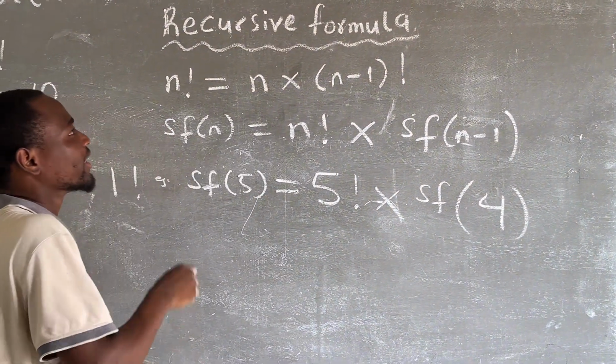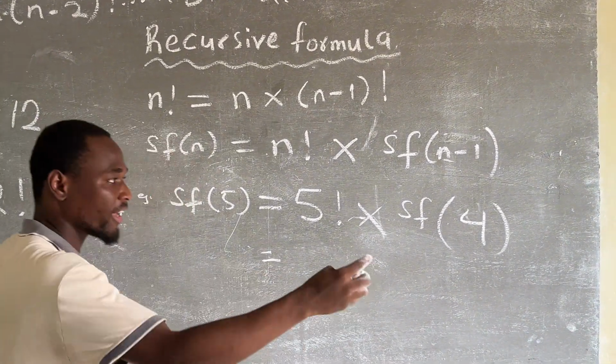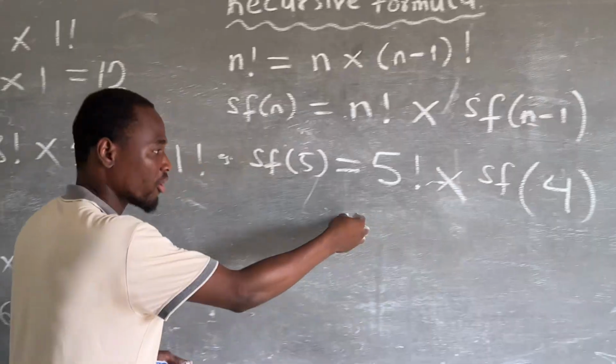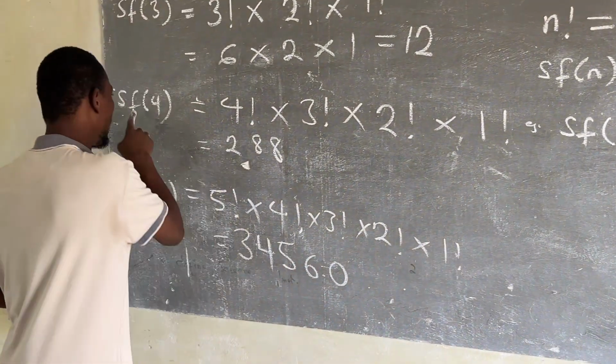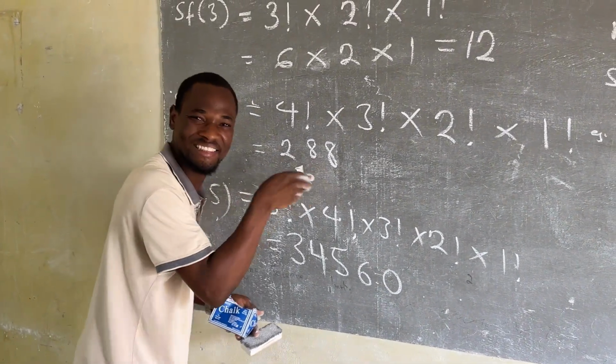So using the recursive formula, what do we know? We already know the superfactorial of 4, and the superfactorial of 4 is given by 288.